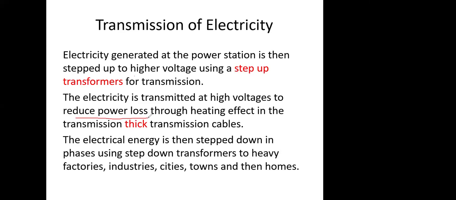At the point where this power is going to be consumed, we'll have a voltage that can be used well, instead of a small voltage being transmitted. We would find that most of it would be lost during transmission, and at the end we don't have enough energy to be used.